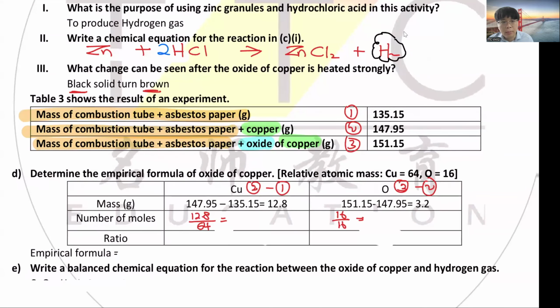One is for the more reactive metal, one is for the less reactive metal. I roughly go through this experiment. If the mass they give you is 2 decimal, use 2 decimal. It's 3.2.